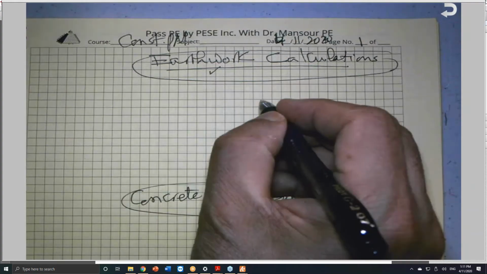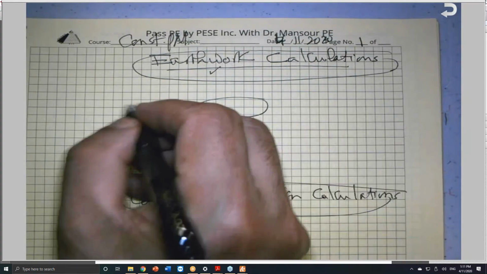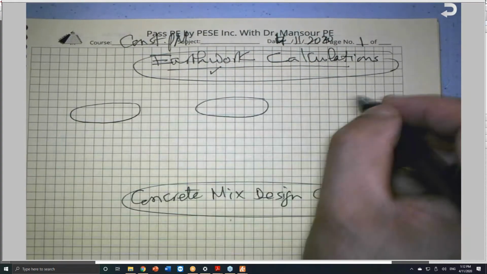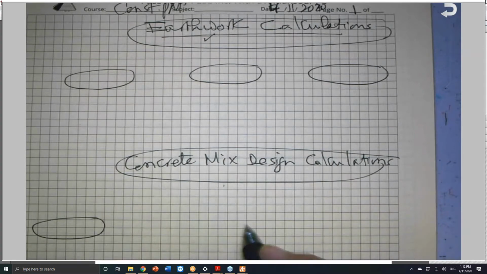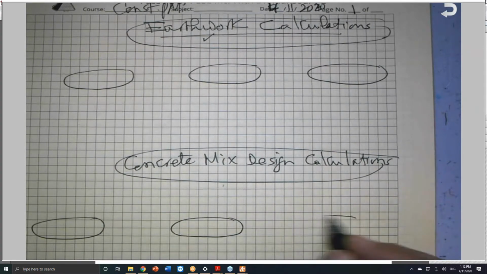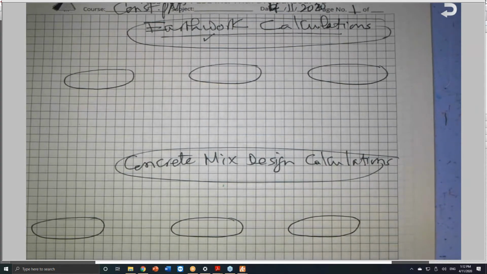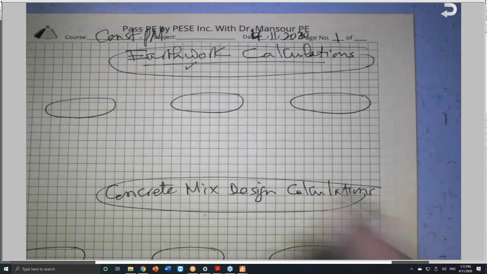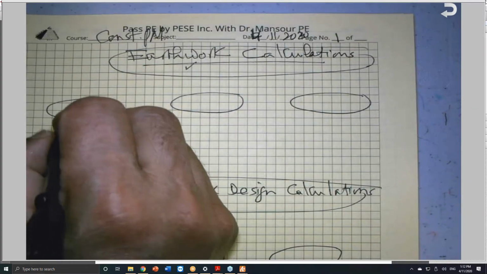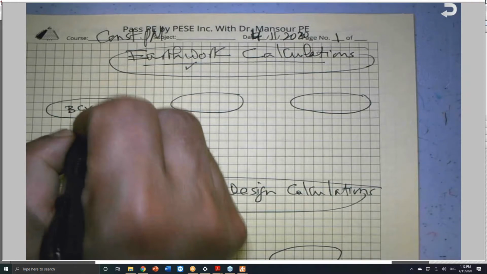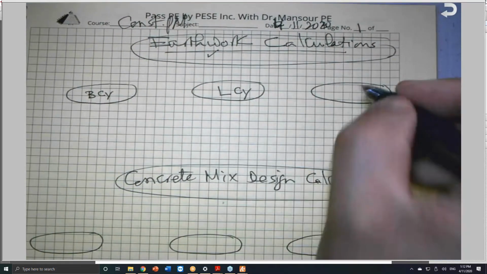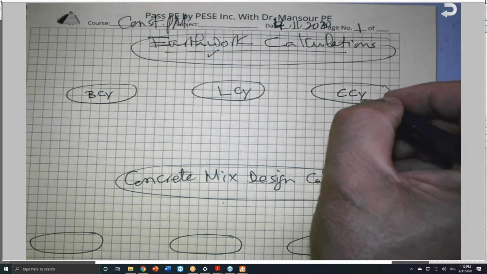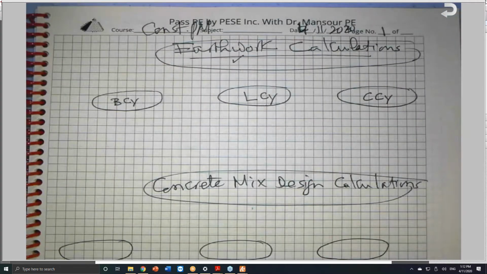You will see there are 3 ovals like this, and for the concrete mix design there are 3 ovals like this. Here we call it bank cubic yard, this is loose cubic yard, and this is compacted cubic yard, CCY. You will see these definitions shortly.